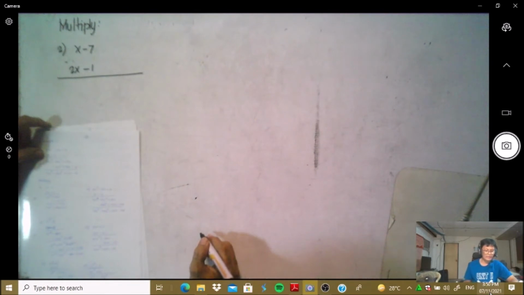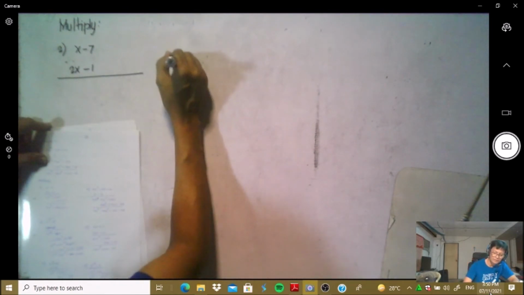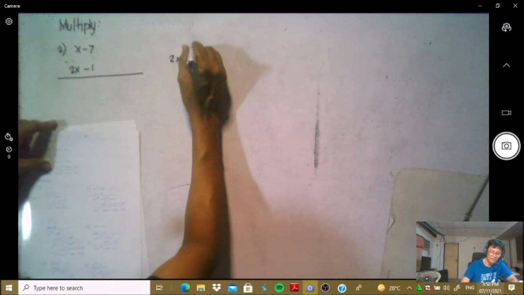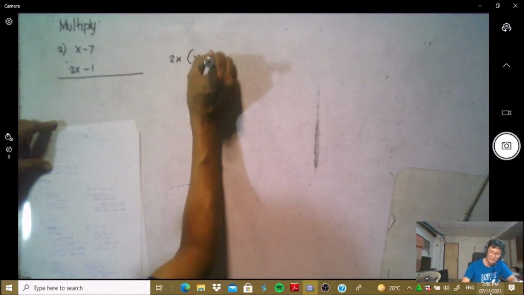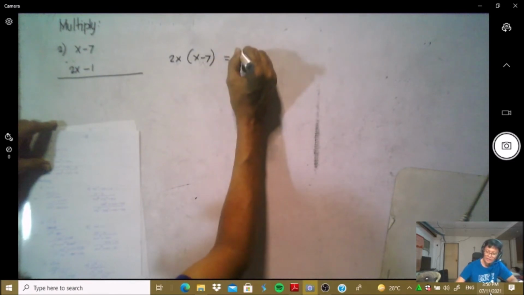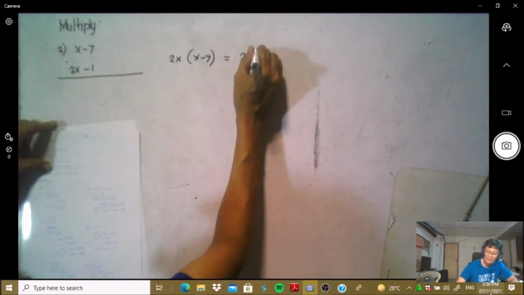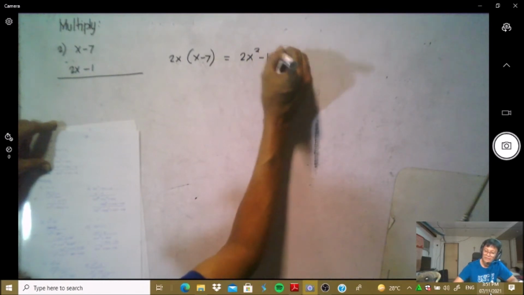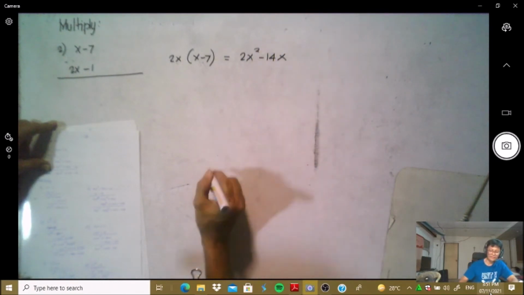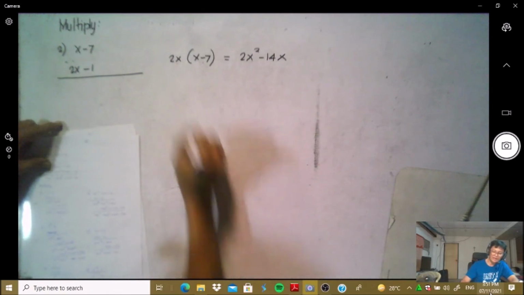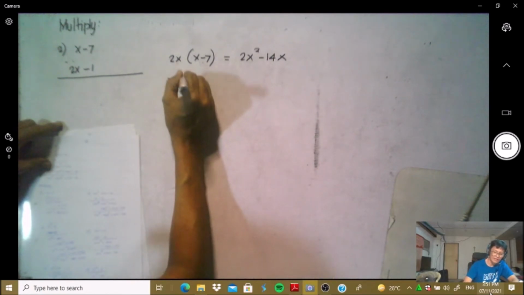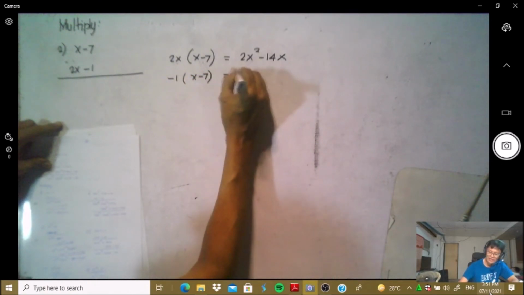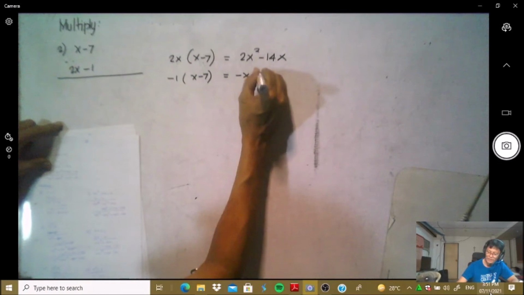We have to multiply first 2x with x minus 7. And therefore, this will be equal to 2x squared minus 14x. Okay. Then next, we have to multiply negative 1 with x minus 7. And this becomes negative x plus 7.